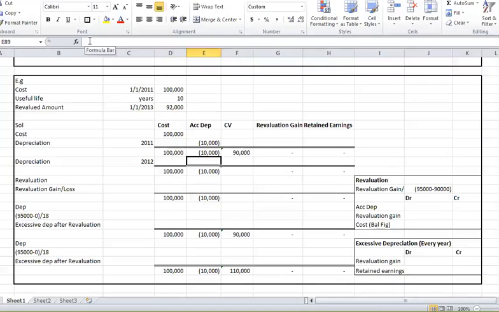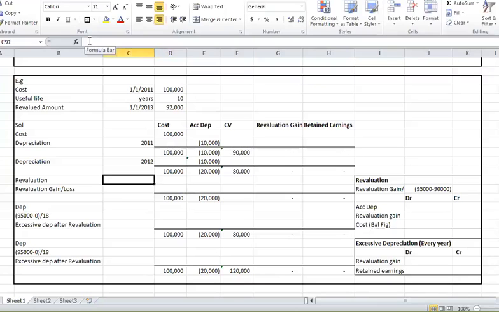Once again, cost divided by useful life. Depreciation is 10,000, and carrying value is 80,000.